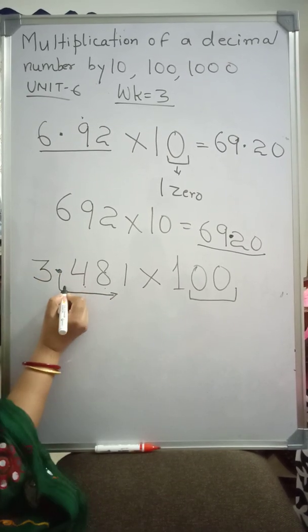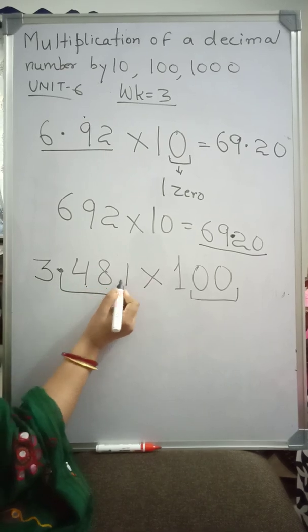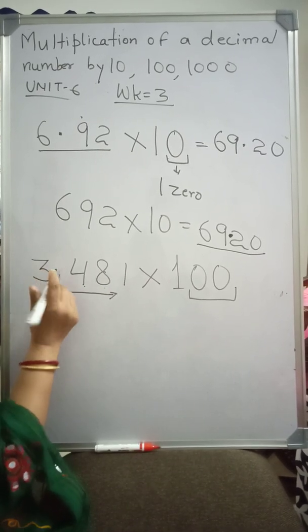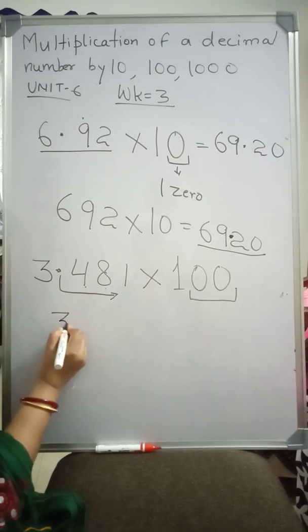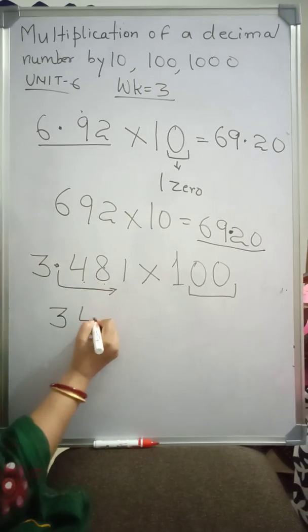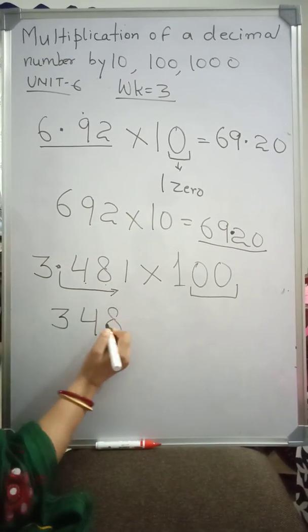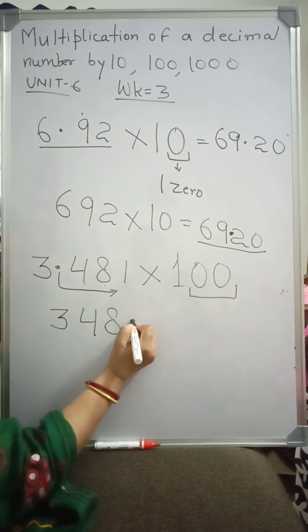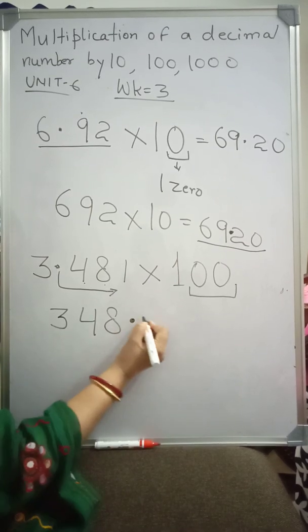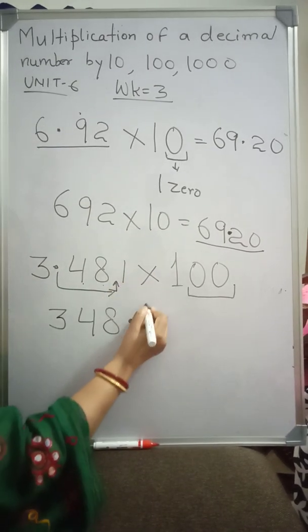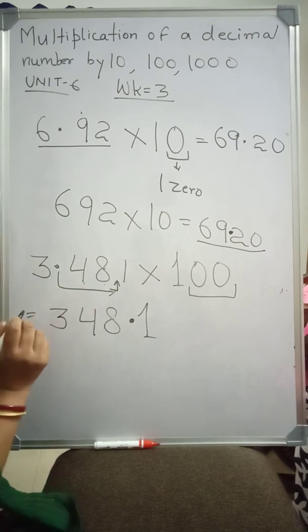In the result, this decimal will shift 2 places, that is past 4 and 8, to the right. So here the decimal will come after 8. And this is the result.